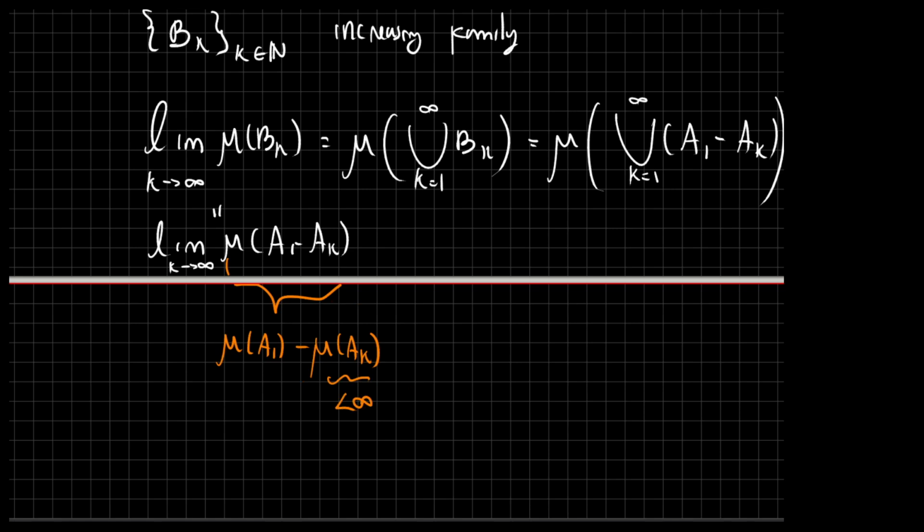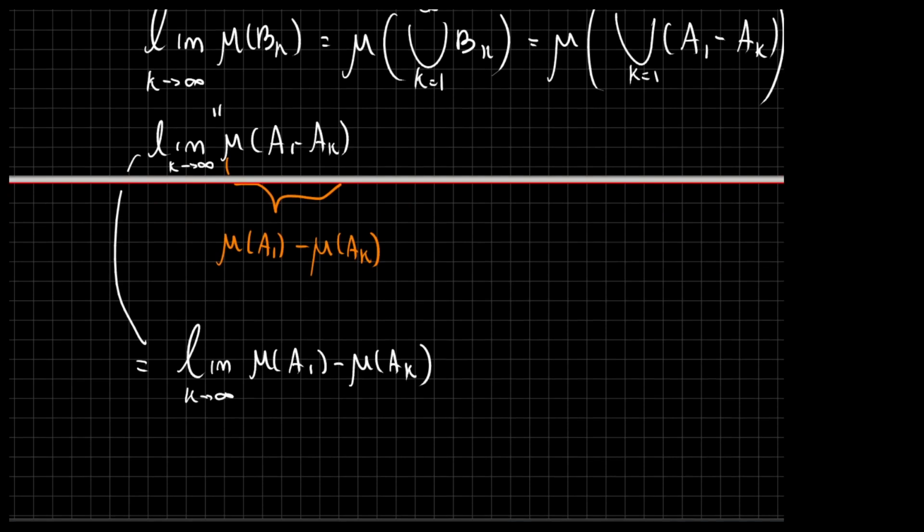So in particular, everything is finite, so we have that here. So this is equal to the limit as k goes into infinity of this minus this one.